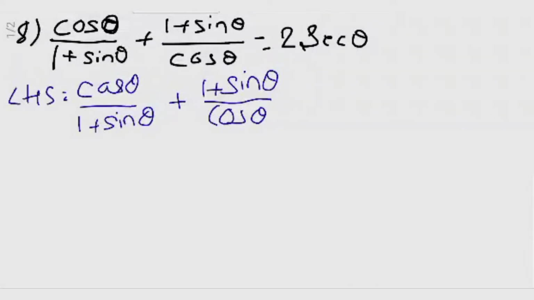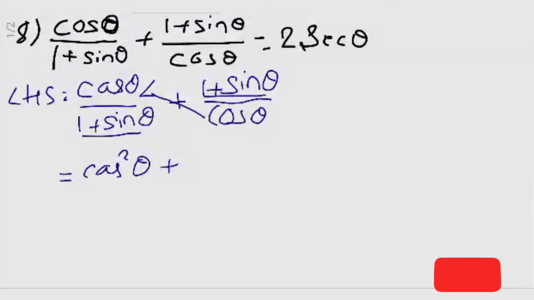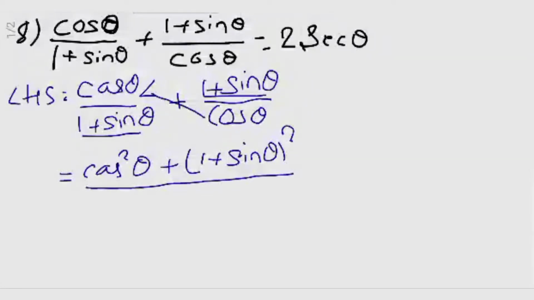So first here we want to make cross multiplication. So cos into cos is cos square θ plus (1 + sin θ) into (1 + sin θ) becomes (1 + sin θ) whole square, and this divided by (1 + sin θ) into cos θ. Is it clear?